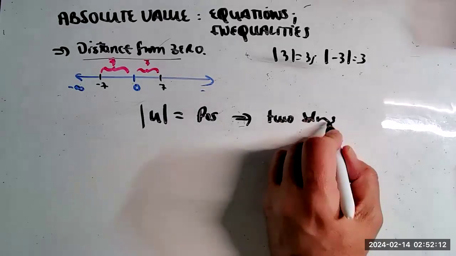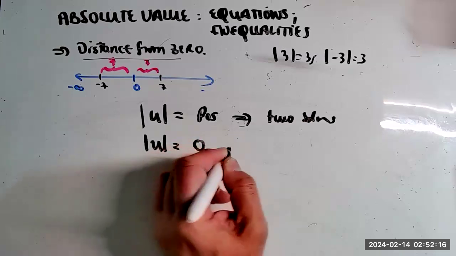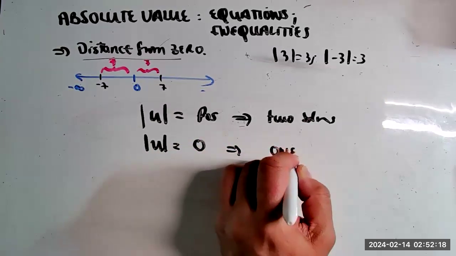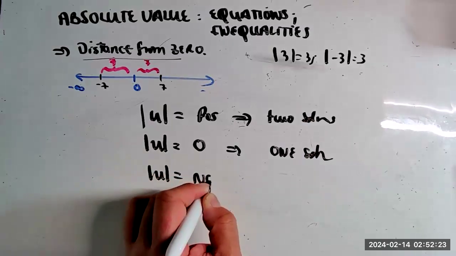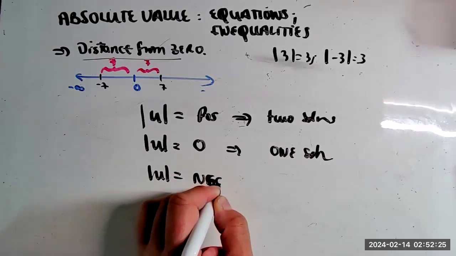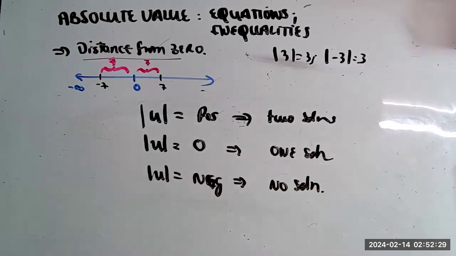That will give us two solutions. Absolute value of an expression equal to 0 will have one solution. Absolute value of an expression equal to a negative number, no solution. And that will do it.